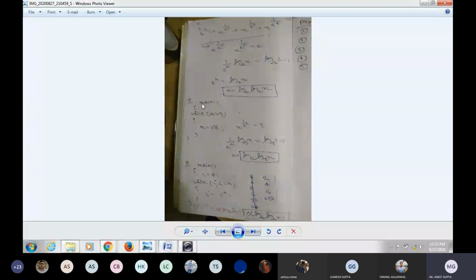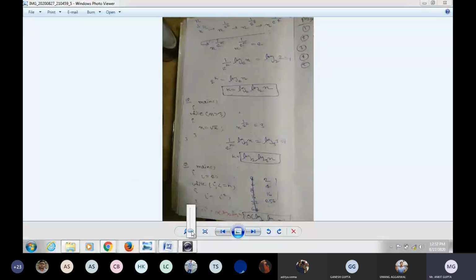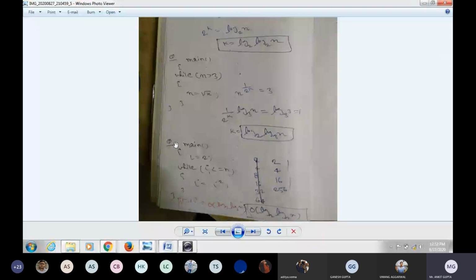So I explained the same example. Did you get this? Suppose in main, i is 2, while i is less than or equal to n, i is equal to i square. I have to find the complexity of that code. Actually it is the same as the previous one, just opposite.